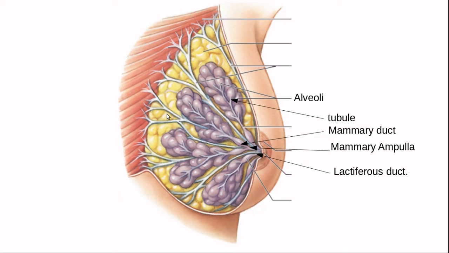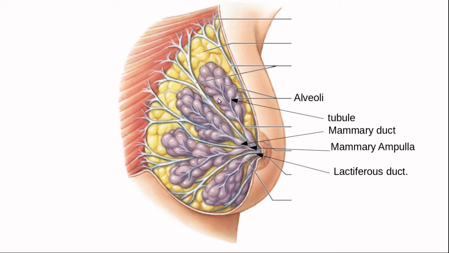You got it? Now when we consider the glandular part of the breast, it is composed of several mammary lobes. So this is a mammary lobe, this is another mammary lobe. There are so many mammary lobes, and each mammary lobe is composed of a number of very minute cellular structures called mammary alveoli.